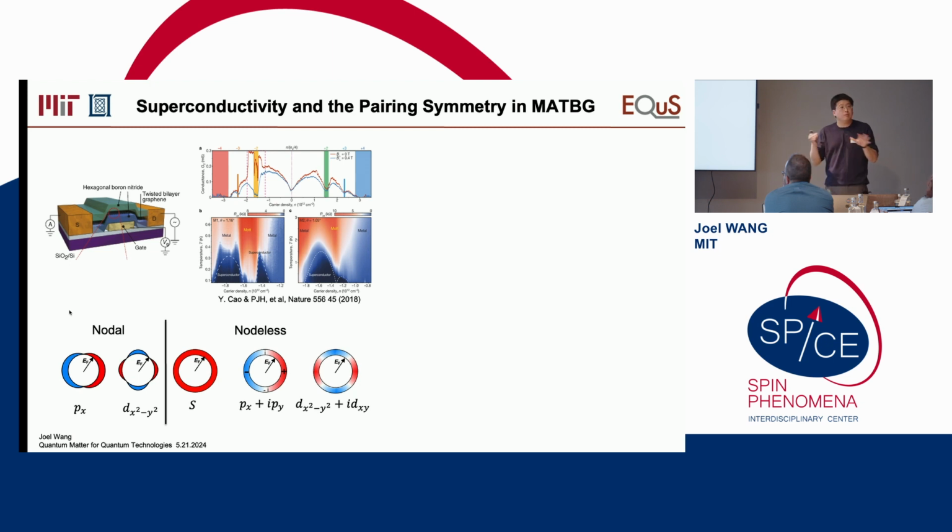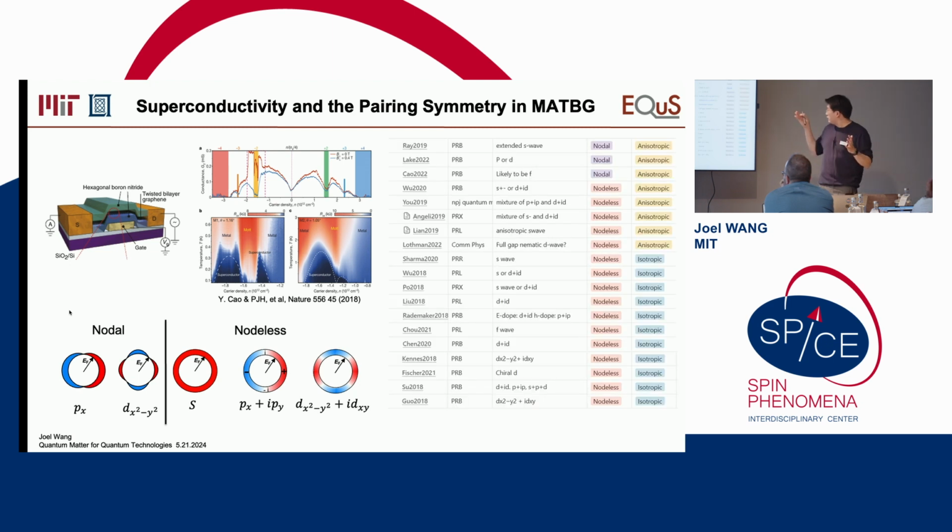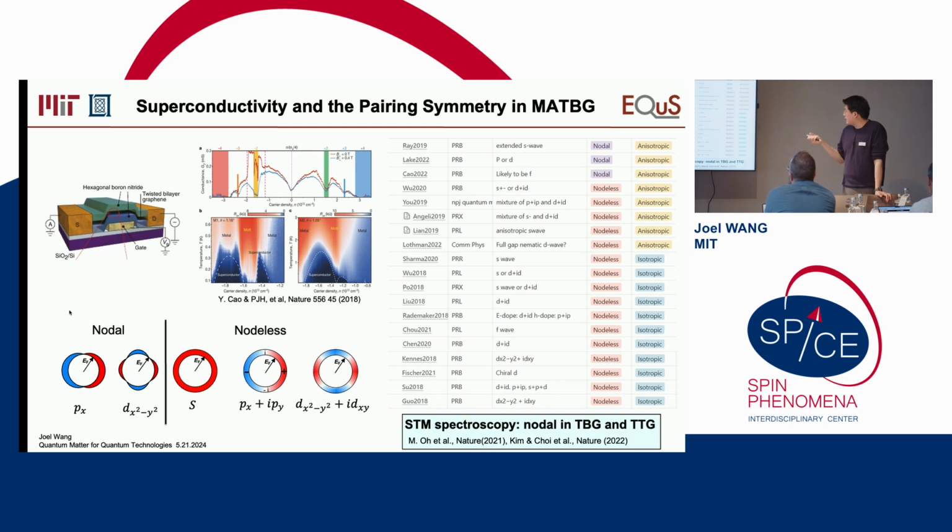This is something people are still interested in. If you look at the theoretical studies, basically all kinds of combinations have been predicted so far. Recently, there's an STM study that shows nodal behavior in TBG and TTG. And we're interested in this question using a different approach.